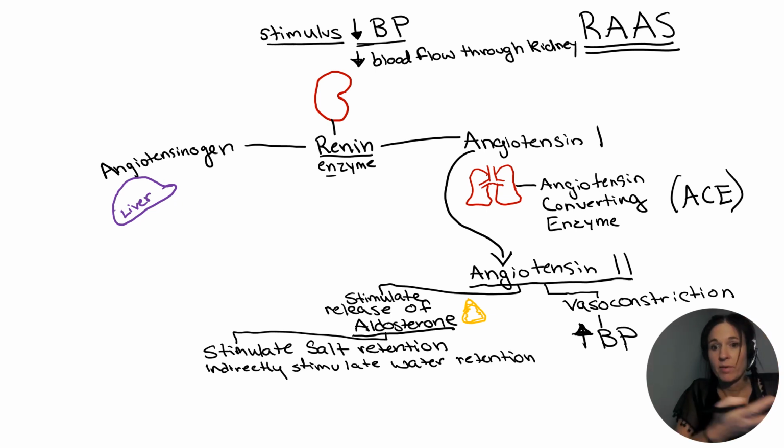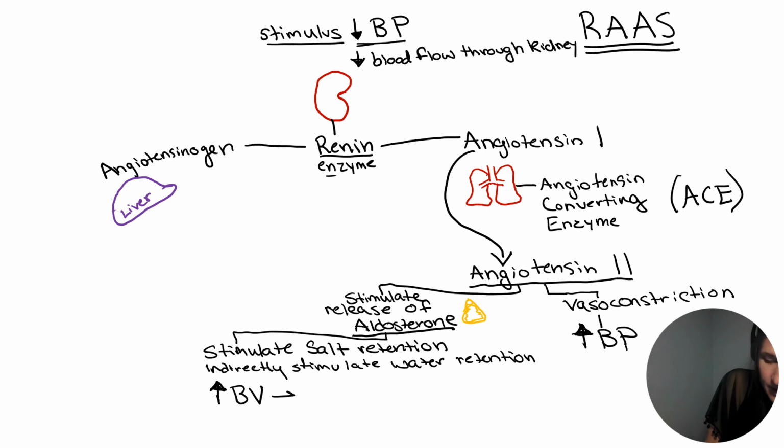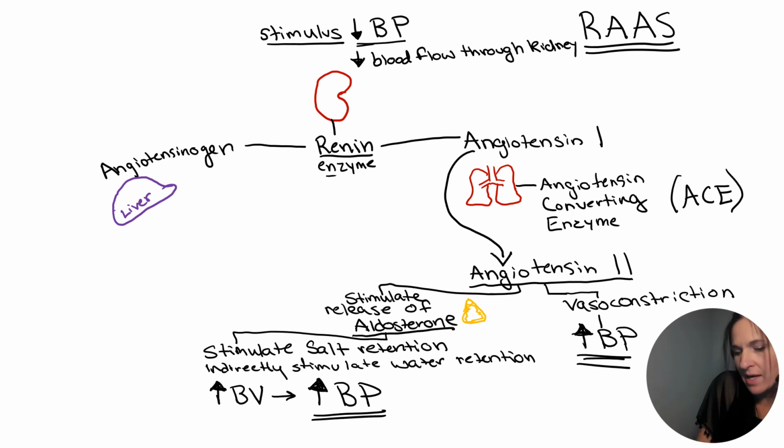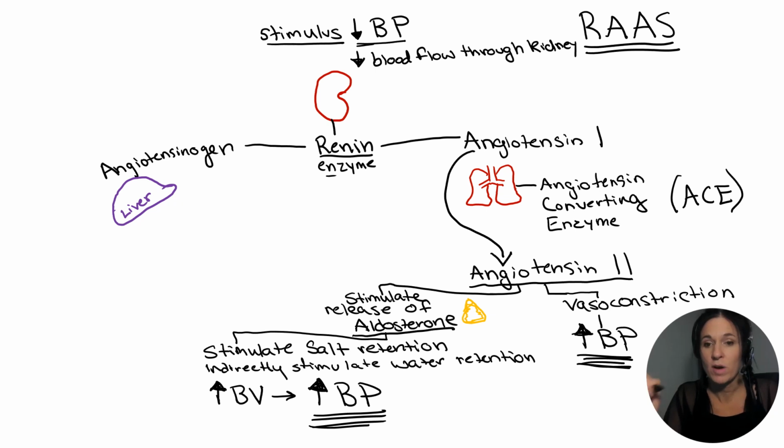When we have an increase in water retention, we're going to have an increase in blood volume, which is going to give us an increase in blood pressure. So now we have our result, which is an increase in blood pressure, in the opposite direction of our stimulus.